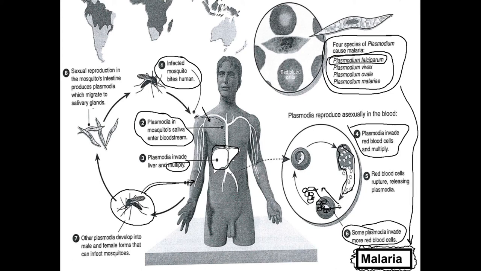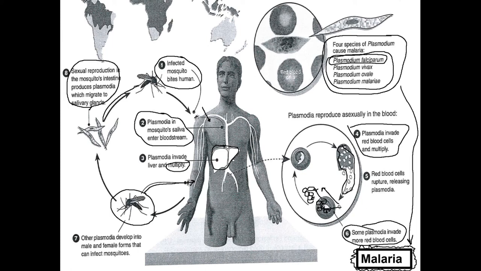It migrates to the salivary glands. So when that mosquito goes and takes another blood meal on a different human, the plasmodium from the salivary gland is injected into the next susceptible host, and so the cycle starts happening again.